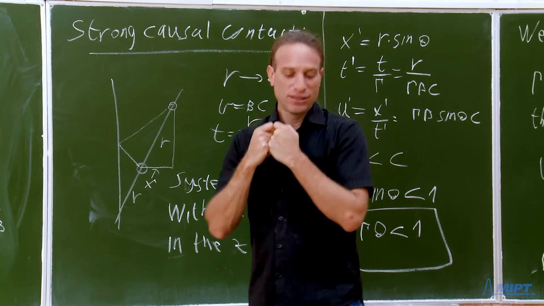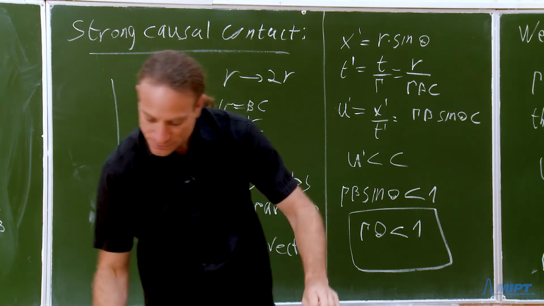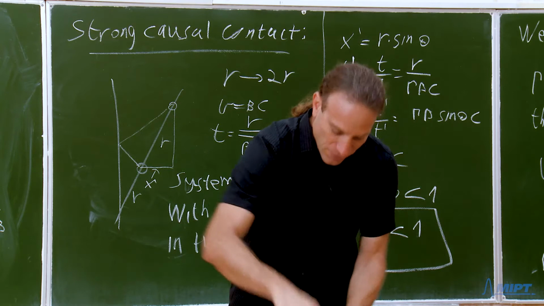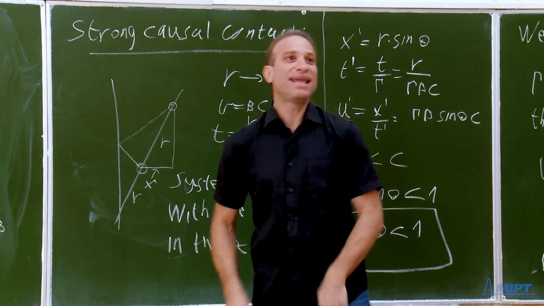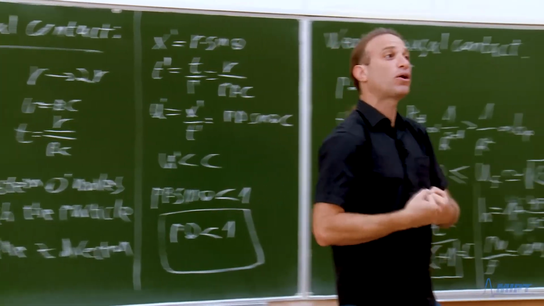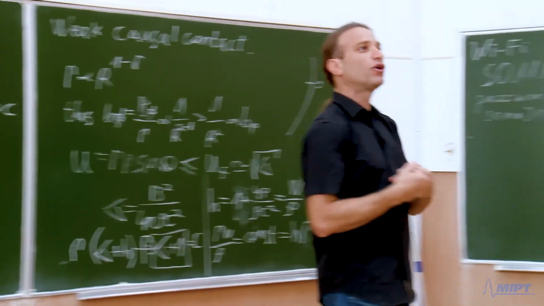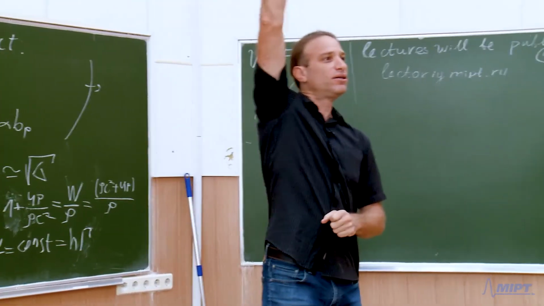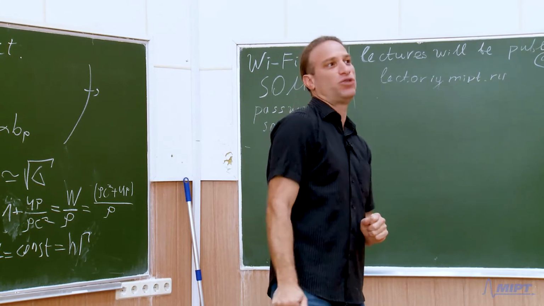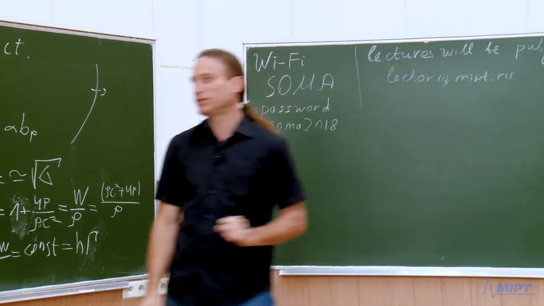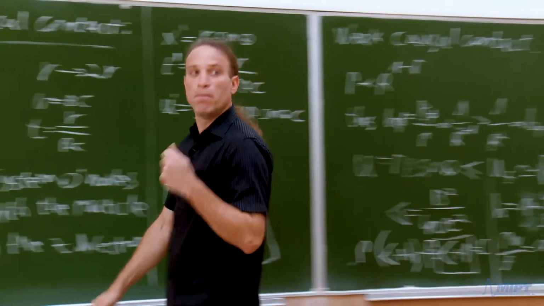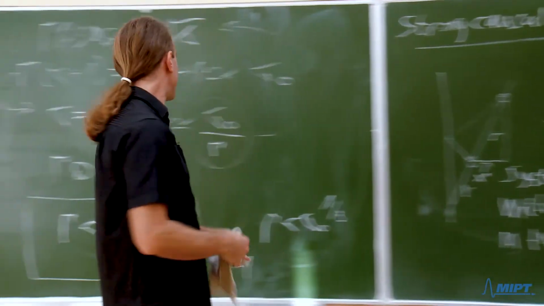Okay? So now let's try to see whether I can maintain strong causal contact. What is the condition to maintain strong causal contact all the way till the end of my acceleration? Can I do that? So let's see what is the most efficient way that magnetic jets can accelerate.